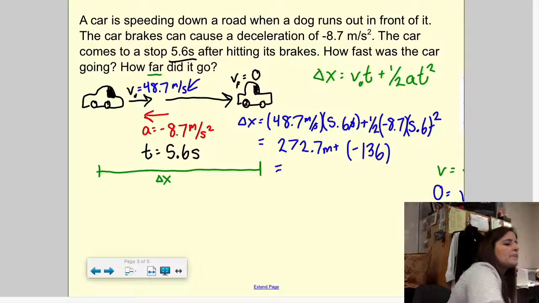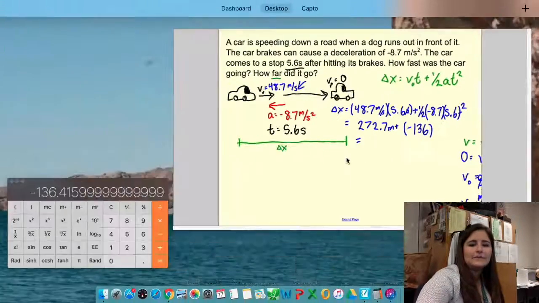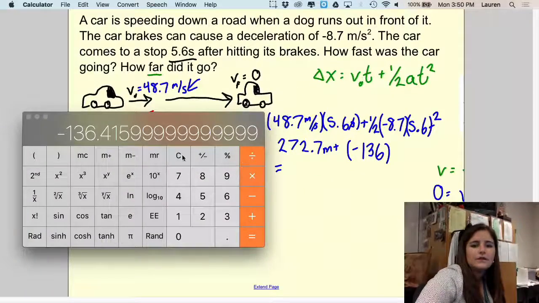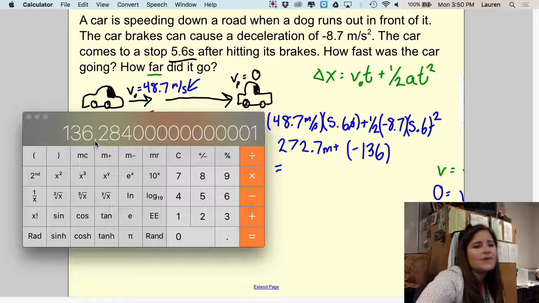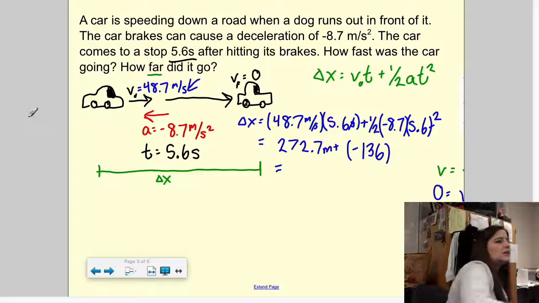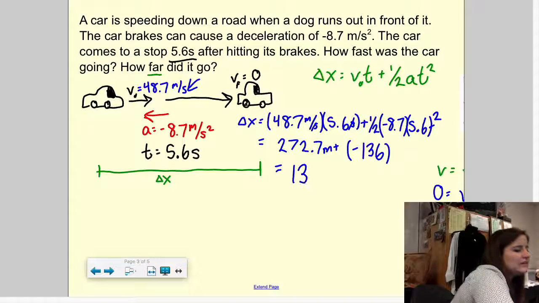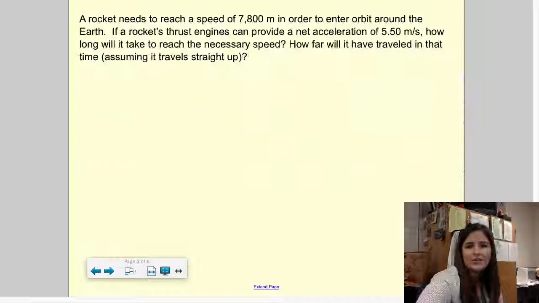Okay, and you add that up. So I'm just going to do that number plus 272.7, and you get 136.3, which we can just round and say 136. So the car went 136 meters.